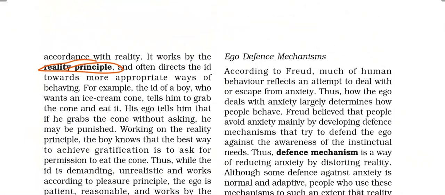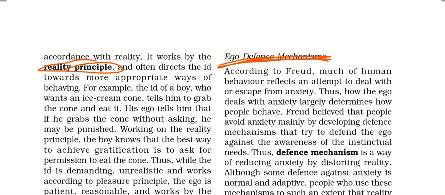Then Freud also talked about the defense mechanism. So, ego defense mechanism. According to Freud, much of human behavior reflects an attempt to deal with or to escape from anxiety. How the ego deals with anxiety largely determines how people behave.